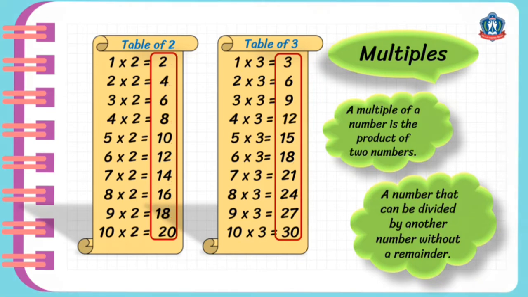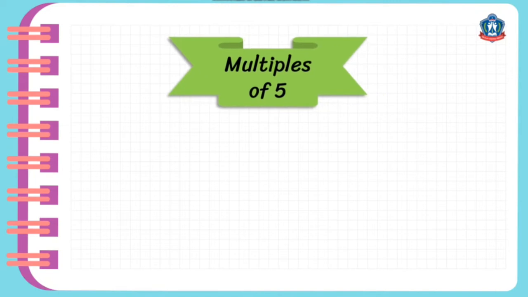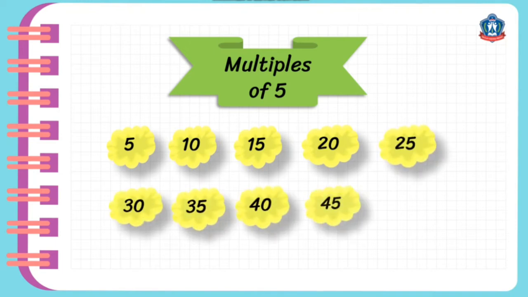Take note. Now let's try to find the multiples of 5. So we are going to find numbers that we get when we multiply 5 by another number. We have 5, 10, 15, 20, 25, 30, 35, 40, 45, 50, and more.